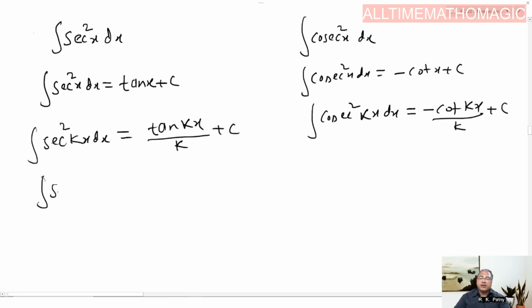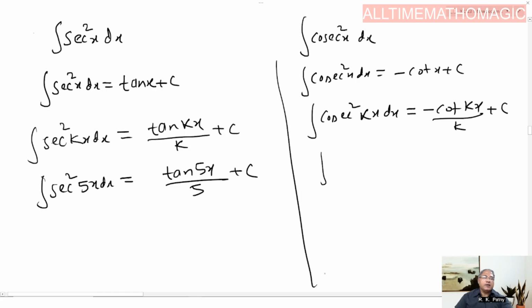Example, integration of sec square 5x with respect to x equals tan 5x upon 5 plus c. Similarly, integration of cosec square 10x with respect to x equals minus cot 10x upon 10 plus c, because k equals 10 here and k was 5 there.